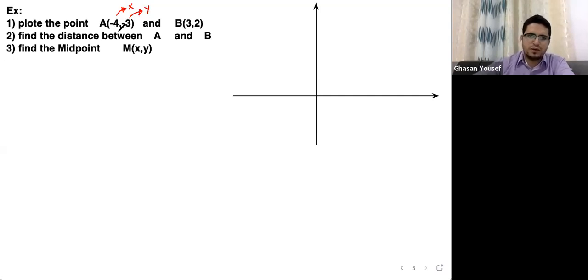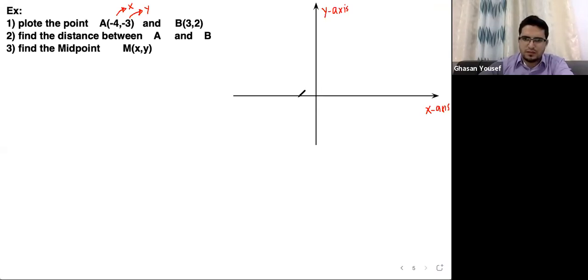To plot this point, first of all, I have to go to the x-axis. This is my x-axis, and this is my y-axis. So I go to the x-axis and put this point there. I have -4. So the -4 will be around here.